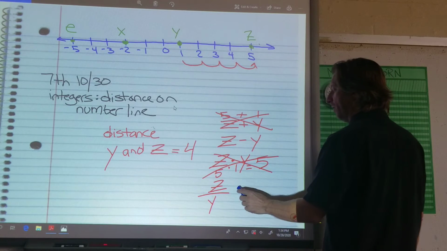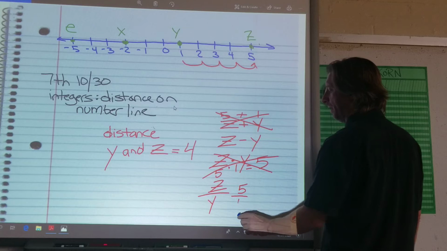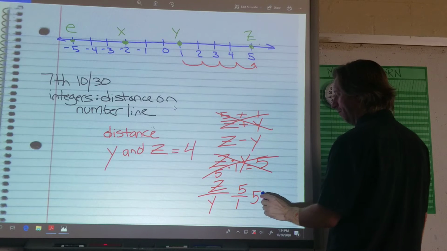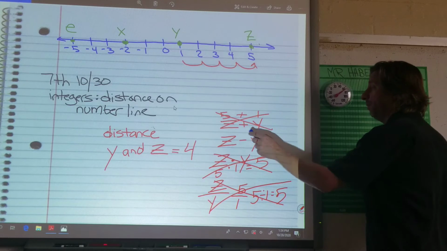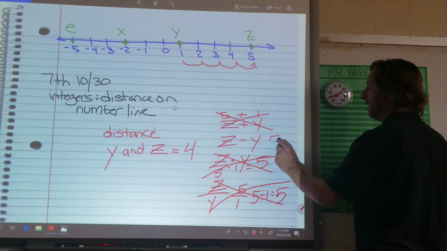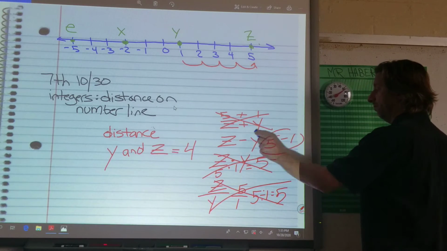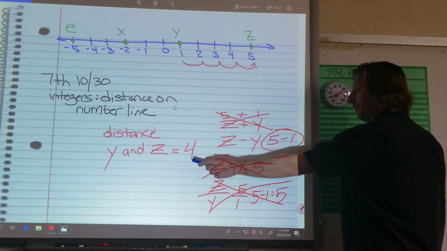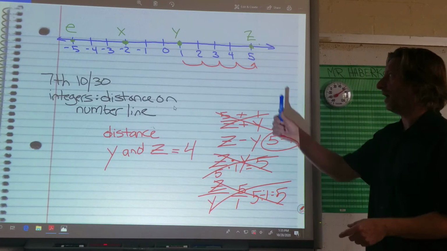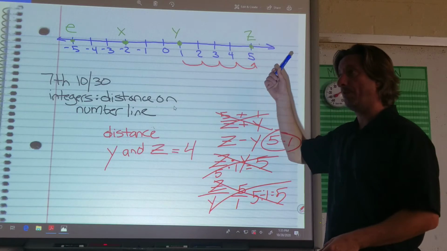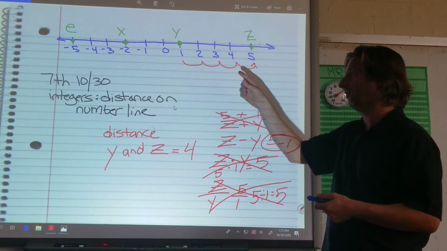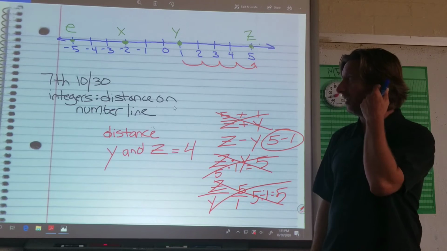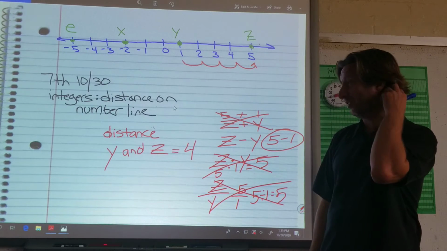Z divided by Y, 5 divided by 1, which is also 5, not the answer. But this one, 5 minus 1, gives you 4. So if you subtract the smaller number from the bigger one, you will always find the distance. Now it's going to get tricky when you get to negative numbers.